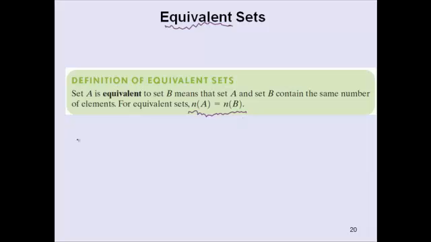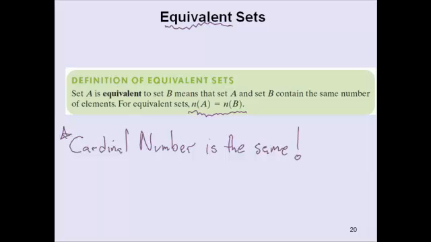The cardinal number is the same. That's the big idea here, okay? That's what you want to take away from this. So basically, the same number of members, okay? That's what an equivalent set is.